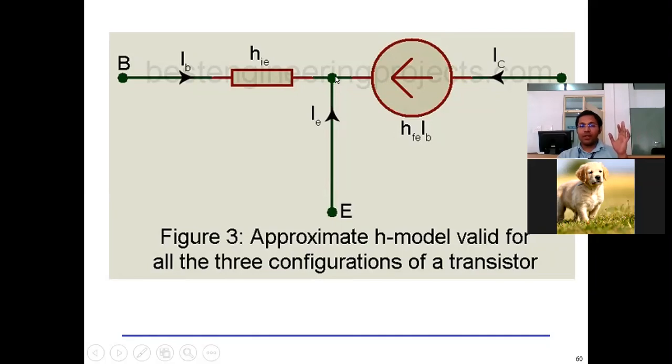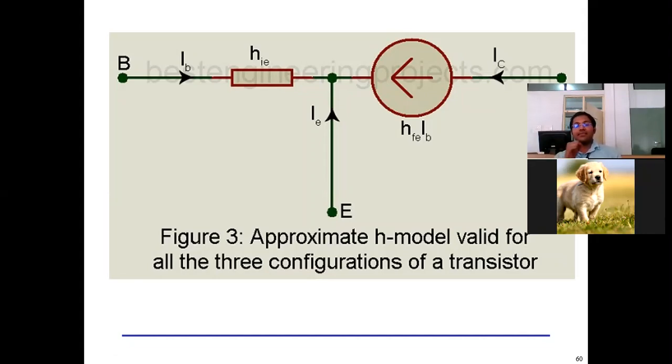Suppose I want common emitter, I will connect the emitter to ground, base will be input, collector will be output. If I want common collector, I will ground the collector, base will be input, emitter will be output. If I want common base, can anybody give me the answer, what I should do?